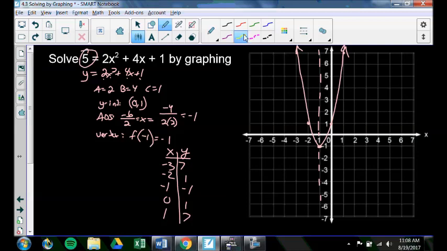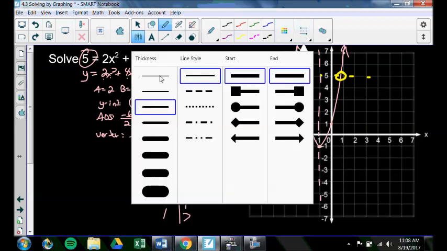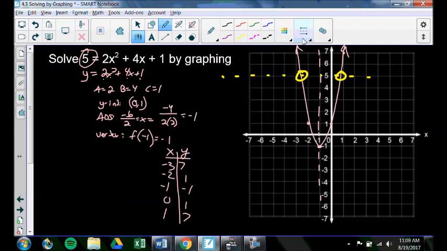I want to see where the y value is 5. And that happens here and here. Now here's an important thing to understand about the symmetry of these parabolas. The distance from the AOS to this point has to match the distance from the AOS to this point because it's symmetric.